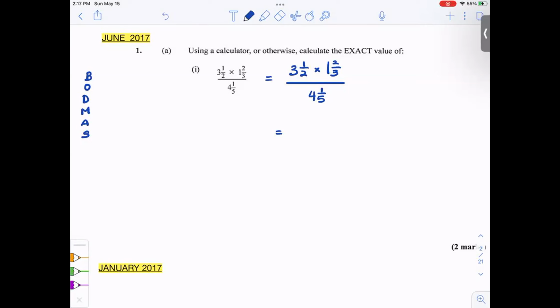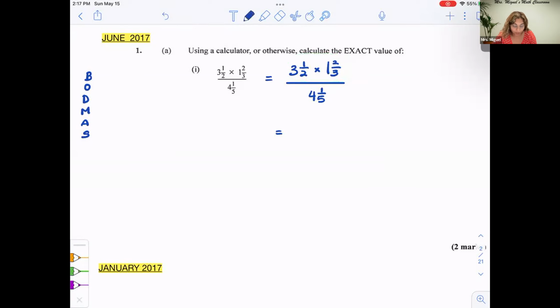All right, let's go. So we have a fraction to work out. According to BODMAS, we have to divide first. Because it is a fraction, we have to work out the numerator.